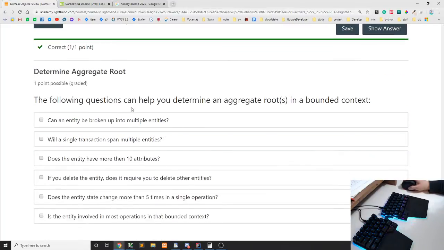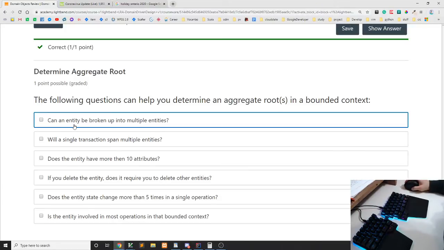The following questions can help you determine an aggregate root in a bounded context.